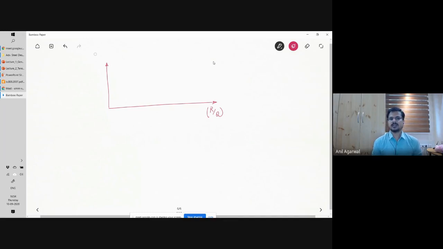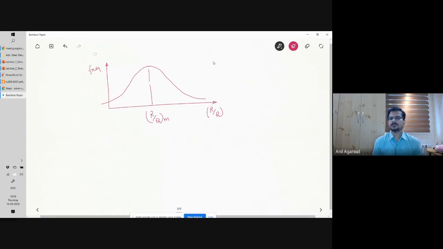And basically, again, that may turn out to be a normal distribution. Okay, somewhat like this, wherein this will be your R by Q median value, that is the most probable value, and this is frequency.